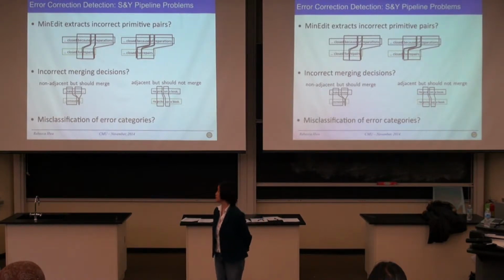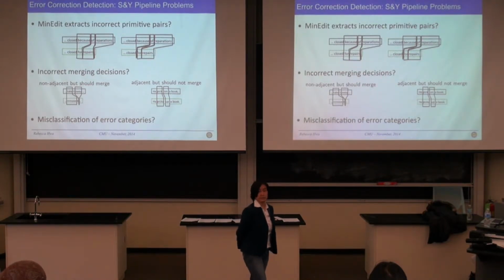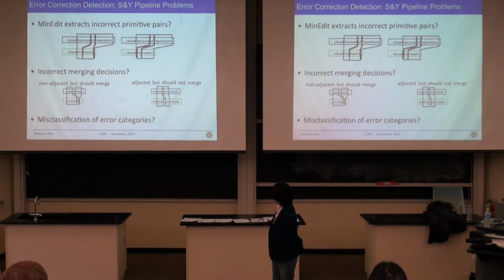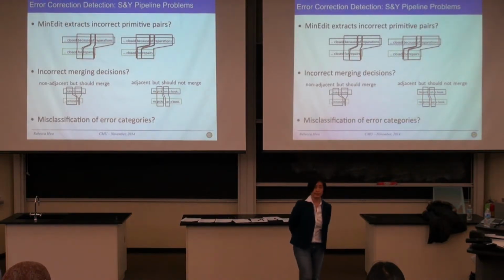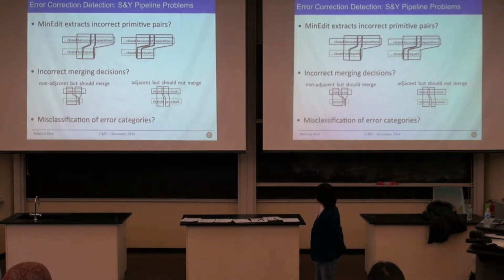The problem occurs because you just want to minimize the cost of changes, so there's no guarantee that the change the system decided to make is going to make linguistic sense. In this illustration, both examples give you the same score, even though the one on the right is probably the one that we as people prefer. So that's the potential source of error from minimum edit distance.